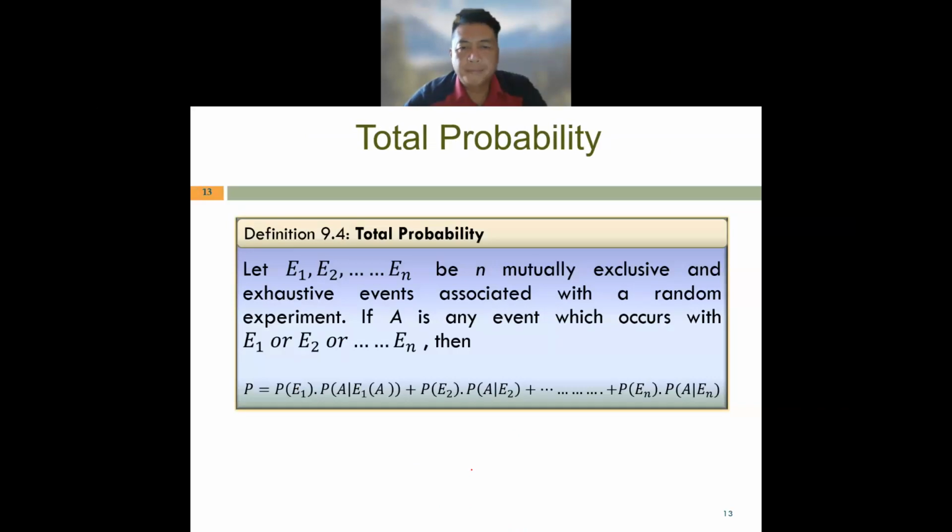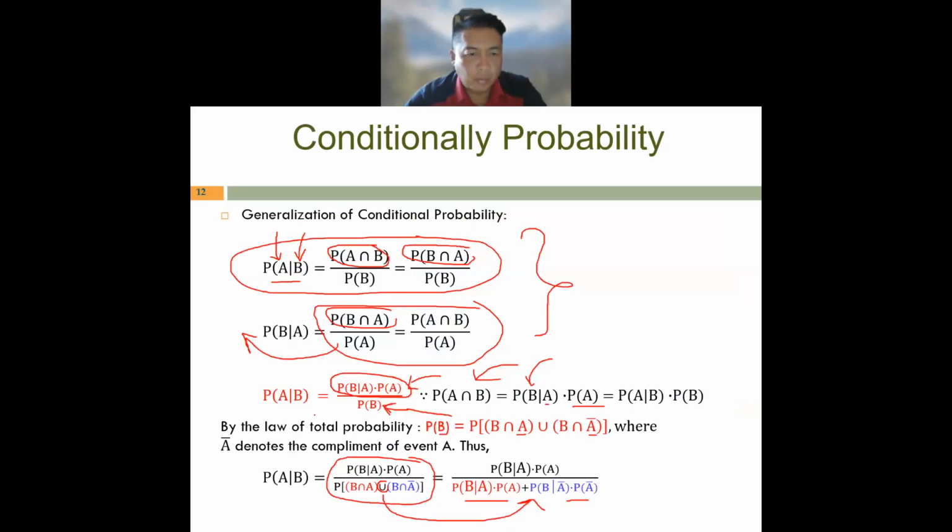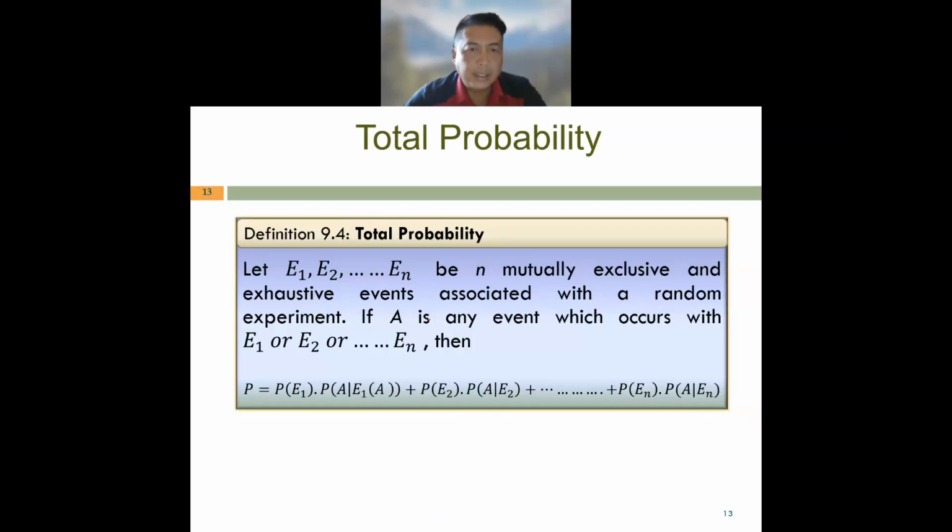When we talk about the total probability here, we are looking at this definition. In the total probability, let E1 up to En be mutually exclusive and exhaustive events associated with a random experiment.